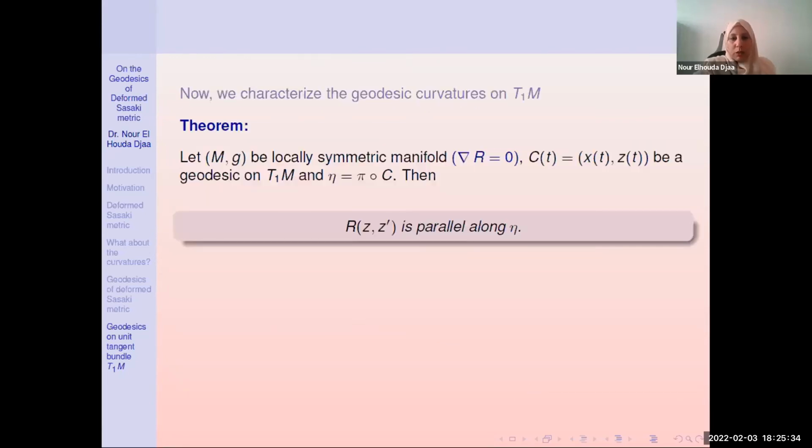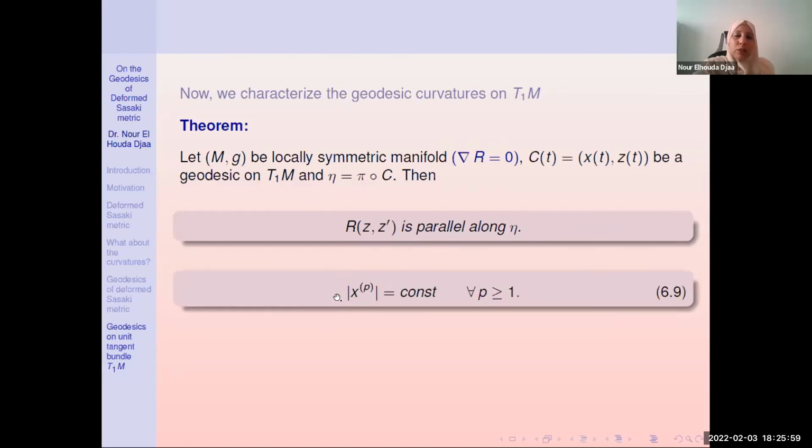Now we try to characterize the geodesic curvatures on T1M. So we work on (M,g) locally symmetric, which means that nabla R equals 0. So if we take C(t) a geodesic curve on T1M, we have z prime is parallel along the curve.